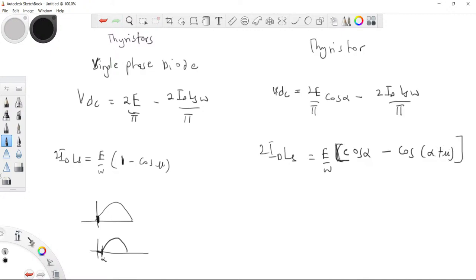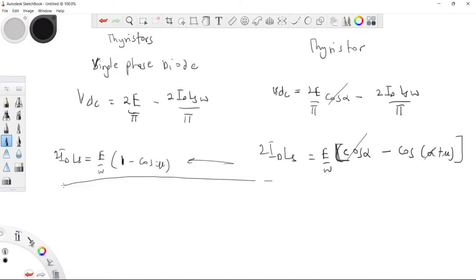So this is the comparison between them. You can just learn the thyristor formula and know that for the diode, alpha is 0, so this will go away and this will become 0 too, and it looks like this. Can you see? Yeah, so this is for single phase.